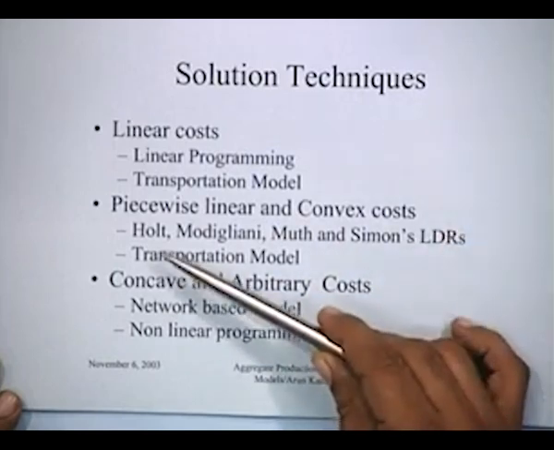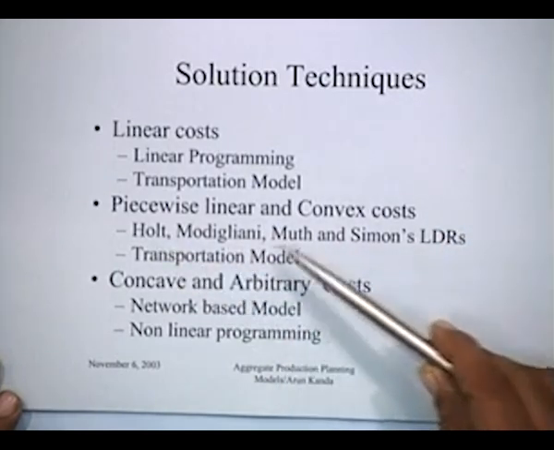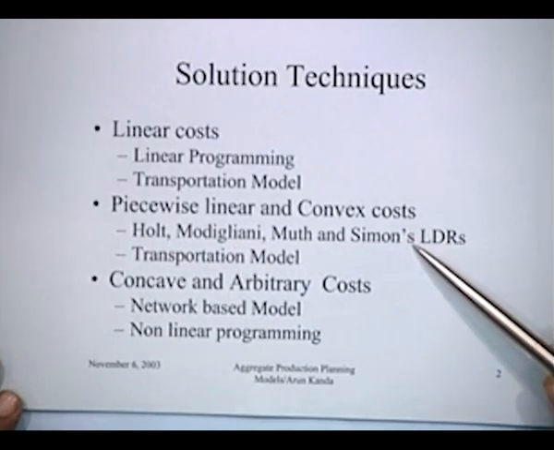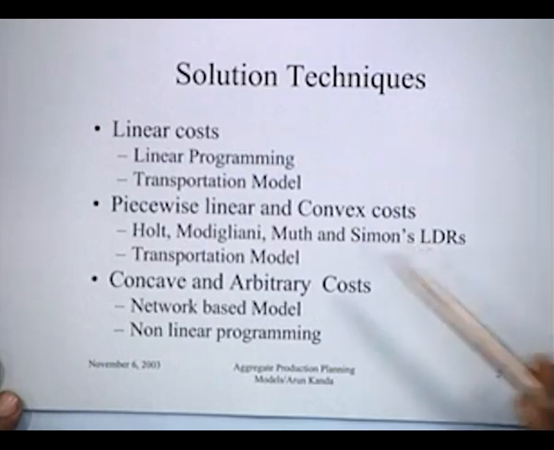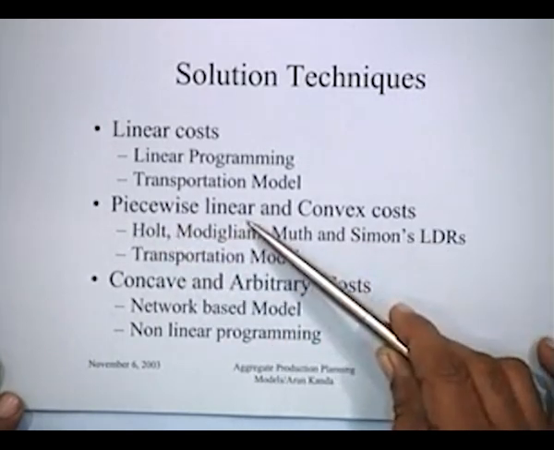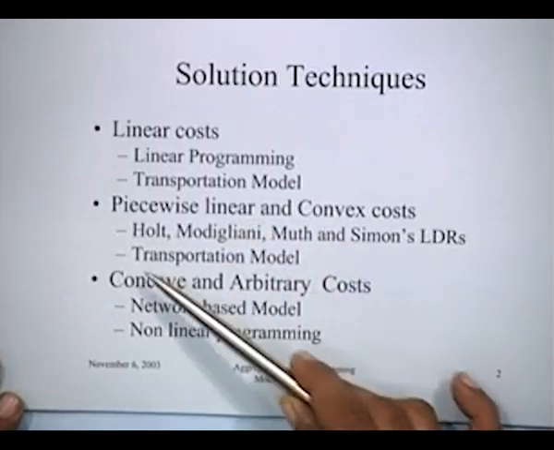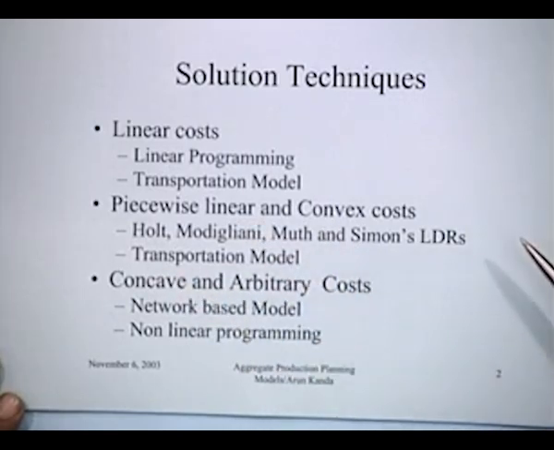In fact, we had a look at the Holt, Modigliani, Muth and Simon linear decision rules last time. That was actually a case when costs were convex in nature. However, if the costs are piecewise linear and convex, then the transportation model can be used very effectively, as we shall soon see through an example.